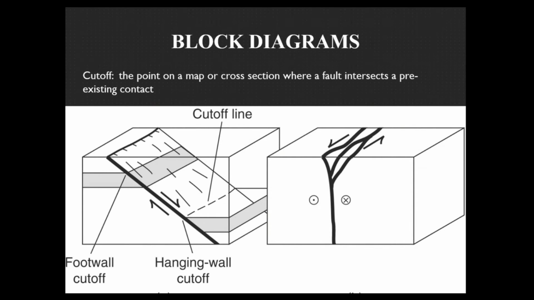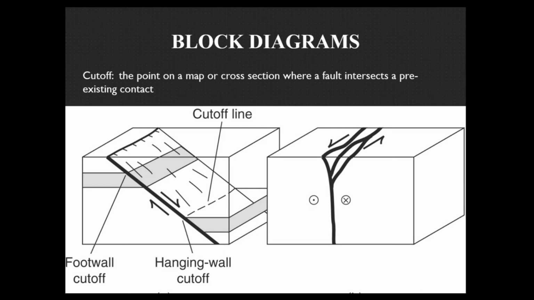Block diagrams are extremely useful for looking at something and picturing it in 3 dimensions and giving a good sense of where things used to be if you know where they are currently. Like we can see the hanging wall, and we can see the little gray bed in there, and we can see that it used to be up there and it has moved downward.